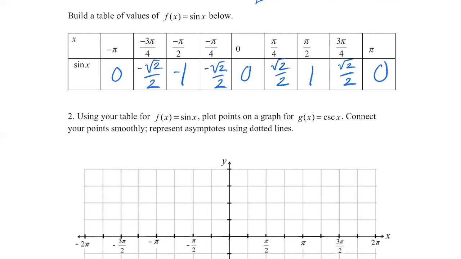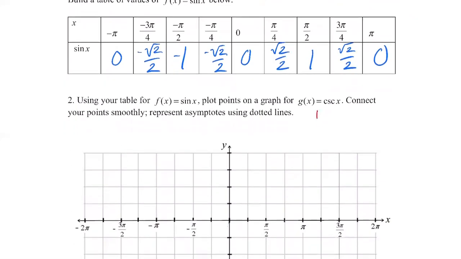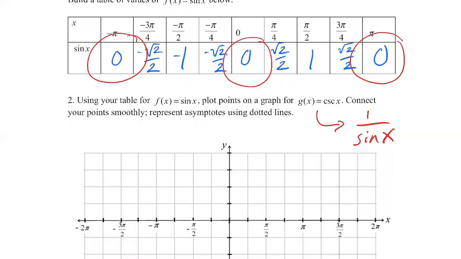Okay, so we might start our work this time by sketching the asymptotes. We know if we are graphing cosecant of x, that is 1 over sine of x. If we're plotting those points, we're going to wind up with asymptotes anywhere we had a 0. So these are going to be the asymptotes for cosecant of x.